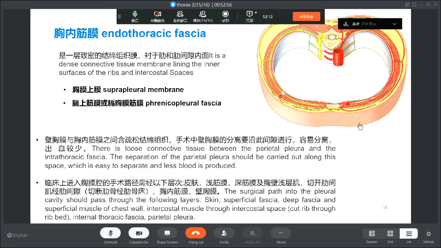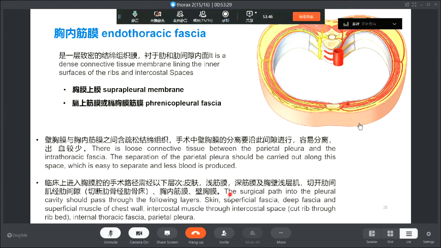The separation of the pleura should be carried out along this space, which is easy to separate and less blood is produced. So in clinical practice, to get into the pleural cavity, one should pass through the following layers, starting with the skin, the most superficial layer.